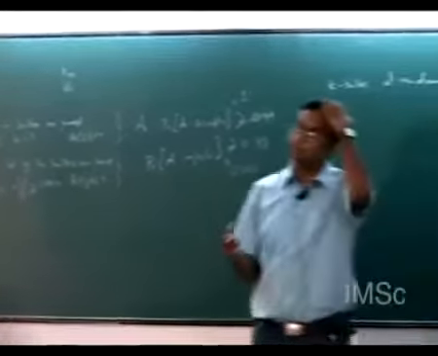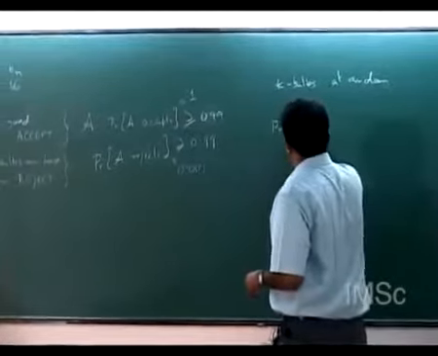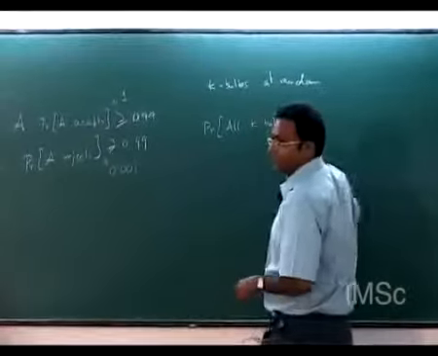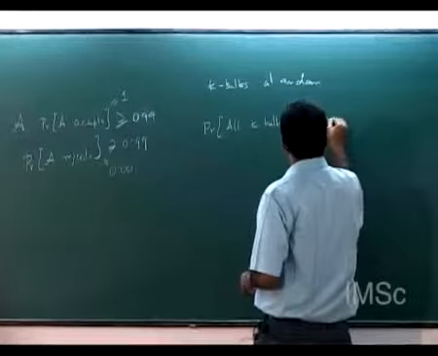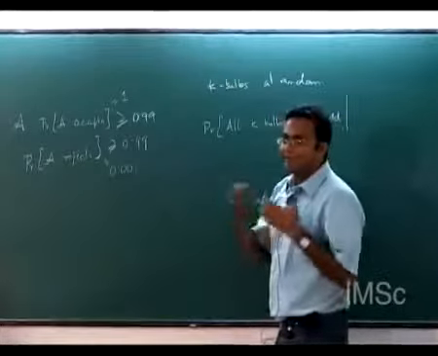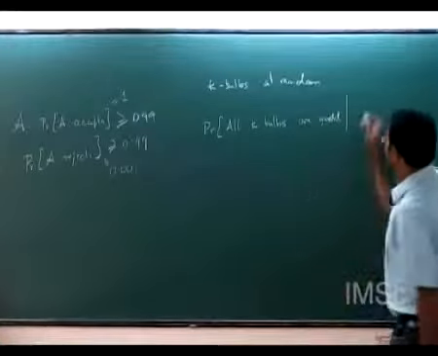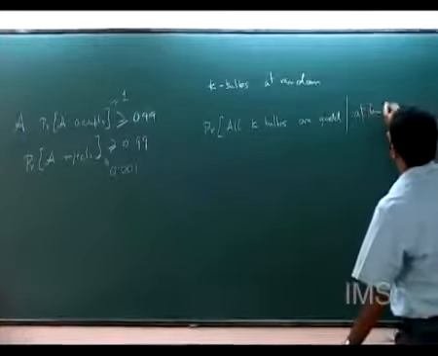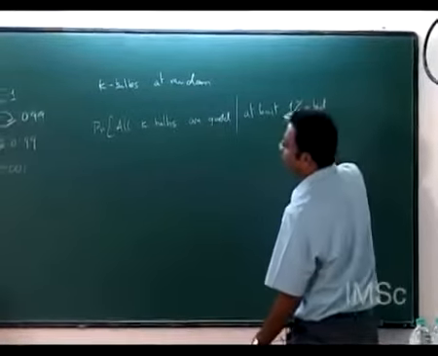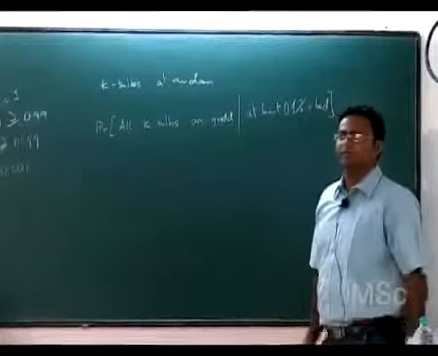What is the probability of that happening, under the condition that at least epsilon, at least 0.1% of the bulbs are bad?